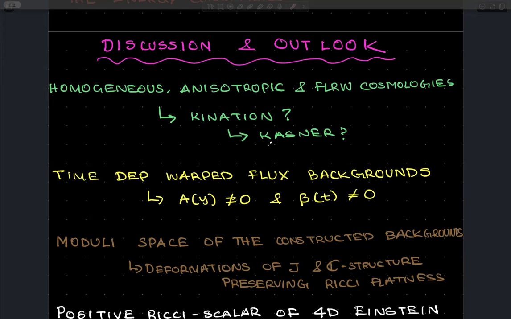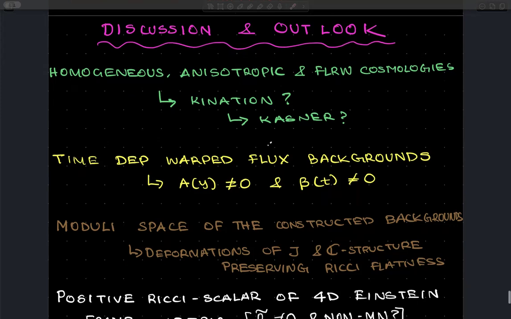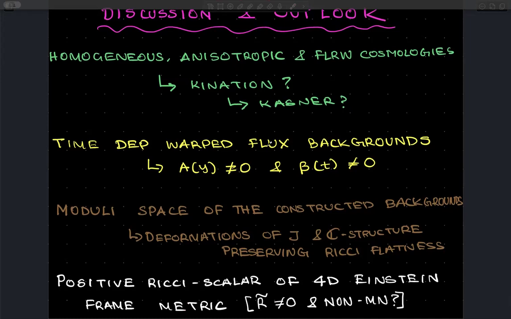One of the things that we didn't do in this paper is that we turned off A of y. What one could do is turn on A of y and study this background in more detail and see how the story goes, and maybe construct a doubly warped time-dependent background. Of course, one could study the moduli space of these constructed backgrounds as well.